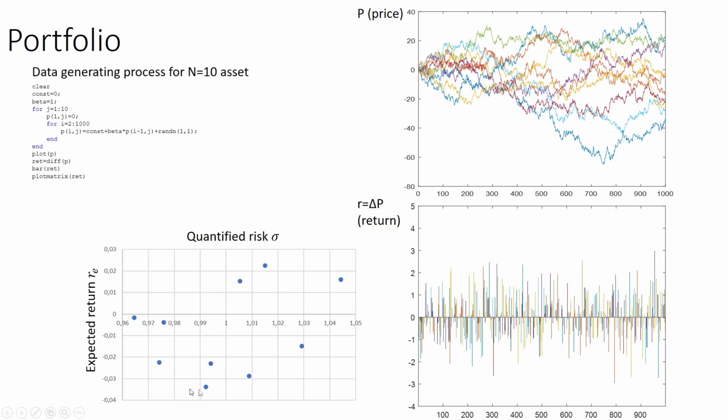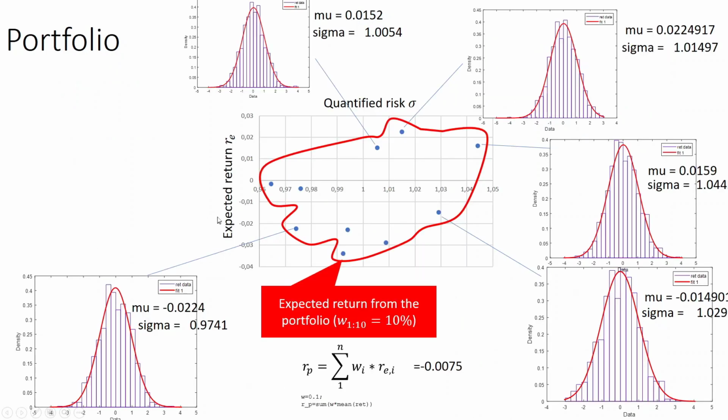And we would have a relationship between the expected return and the quantified risk. But what matters more is that we can create a portfolio from that one. So if we are adding some weights to this, it is just a weighted average that we have at the level of the yield.